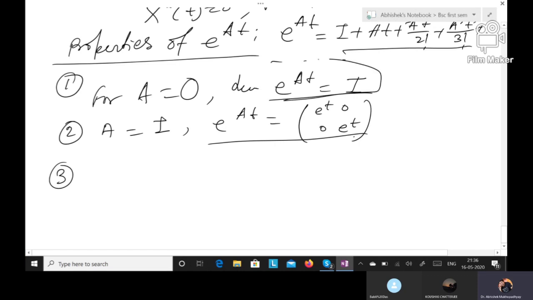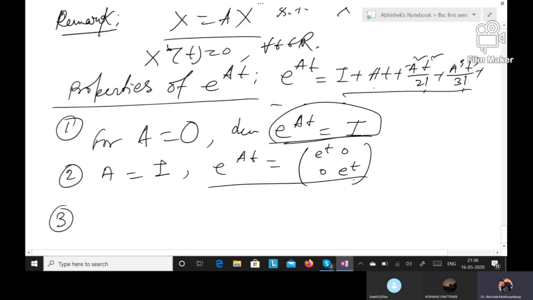This one is trivial because if we write down A equal to 0, then just put the matrix A equal to the 0 matrix here. So you'll see that each of these terms is 0. Therefore e to the power At will be the identity.